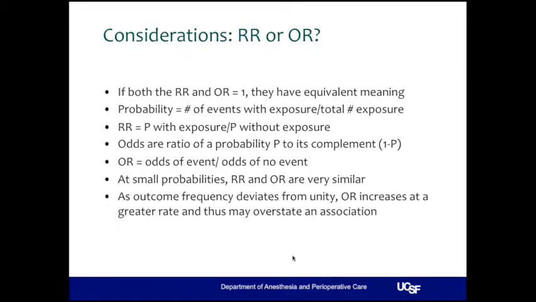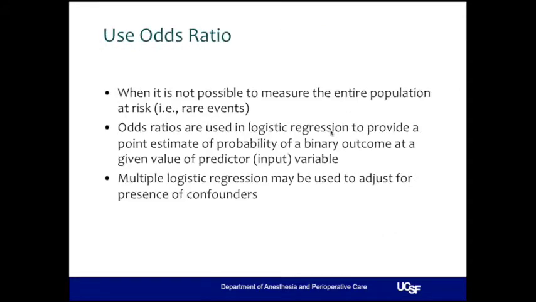So we already kind of talked about this. If both the relative risk and the odds ratio are equal to 1, they have really an equivalent meaning. Probability is the number of events with exposure over the total number of exposed. The relative risk is the probability with exposure over probability without exposure. Odds are the ratio of the probability to its complement, 1 minus p.